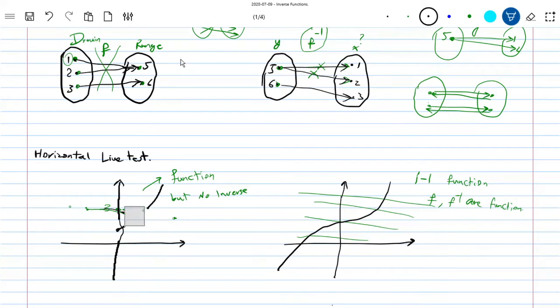Sorry about that. Let me erase this. So now if you ignore the left half of the graph and only consider the right half, this right half passes the horizontal line test. So half of the graph actually has an inverse. So I can say, I'm going to discuss the inverse only for half of the graph.